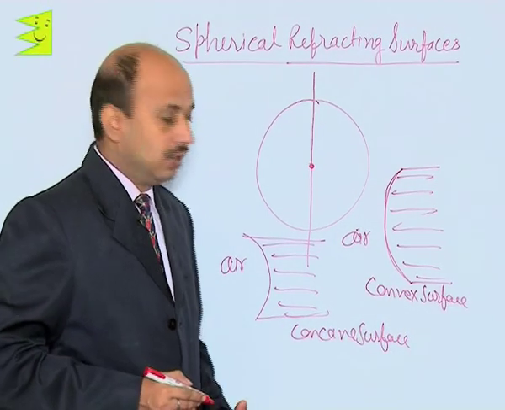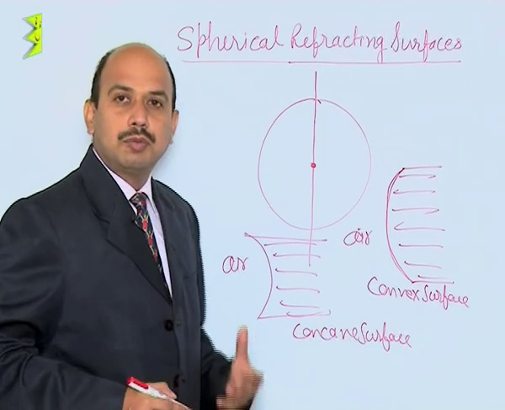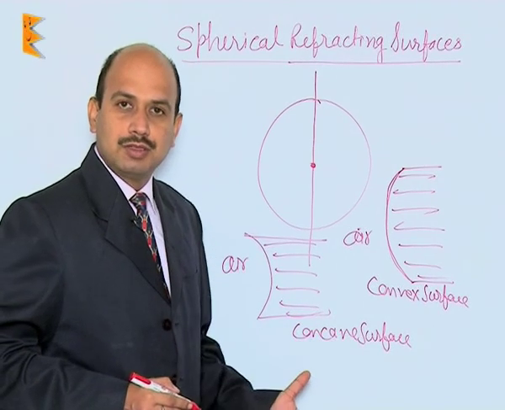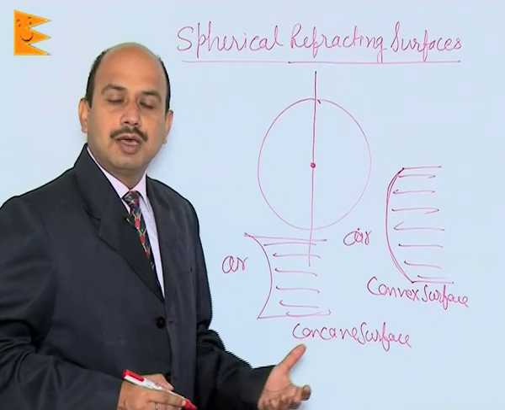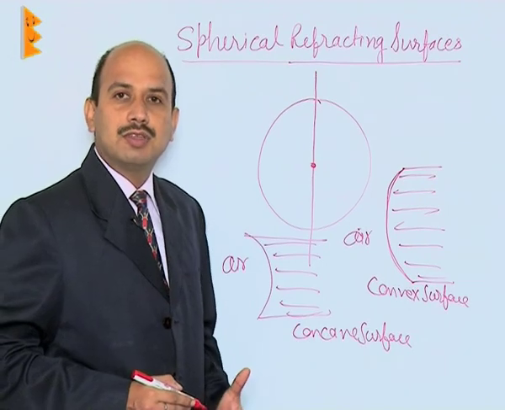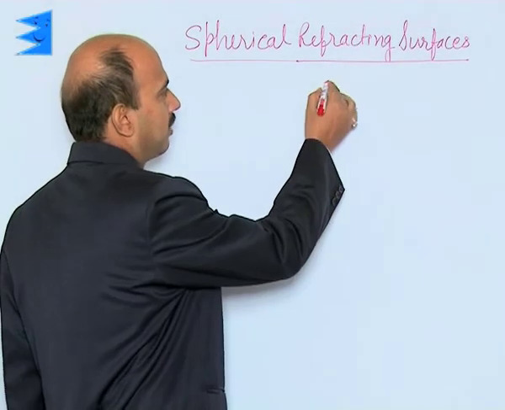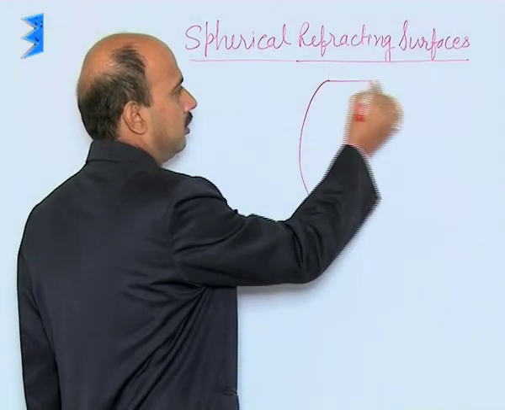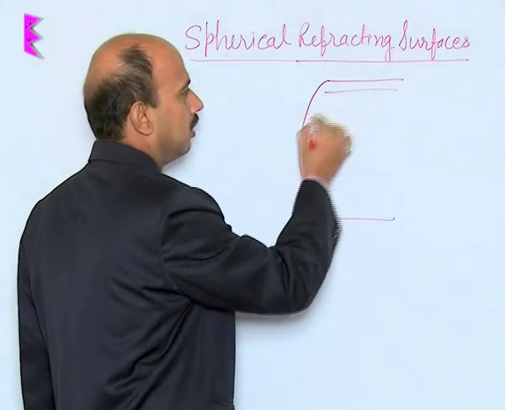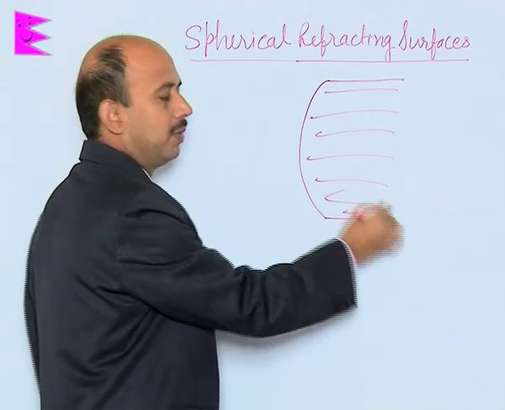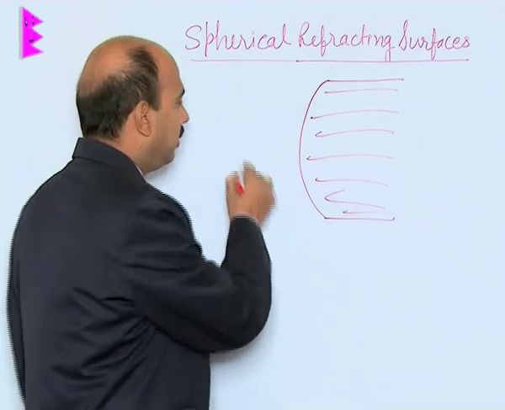See here, in both cases we have to study the formation of images and define different terms like pole, principal axis and center of curvature. Suppose you have taken a convex surface like this, this side is transparent material of some refractive index and this side is air.